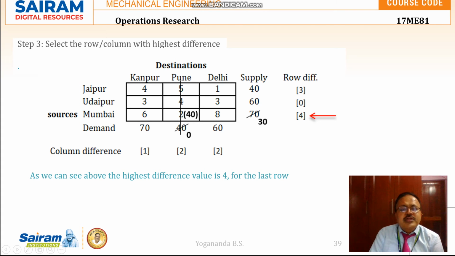So get rid of this destination Pune. Now out of 70 units available with Mumbai, 40 units are allocated. Now 70 minus 40, so 30 units are left with Mumbai. So now summation of demand is 70 plus 60, 130 plus 0, 130. And 40 plus 60 plus 30 is also 130.